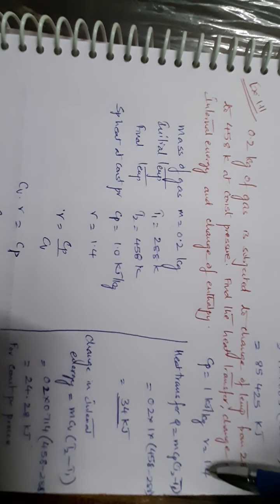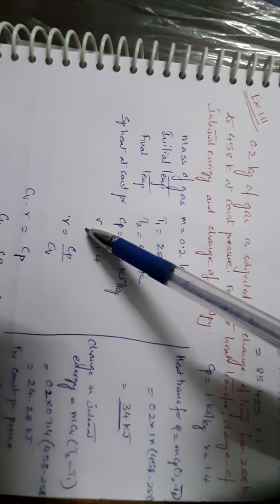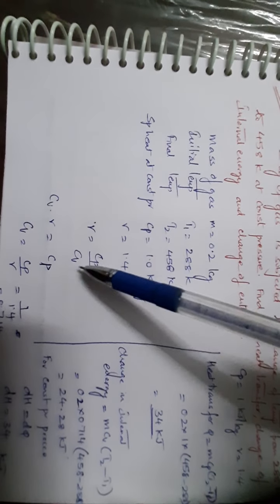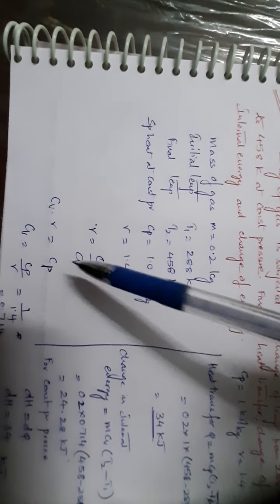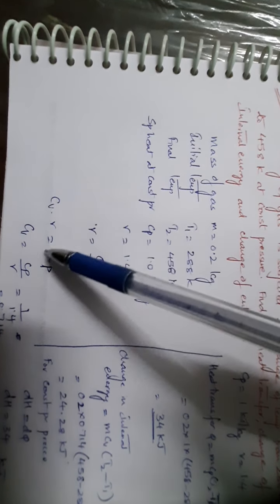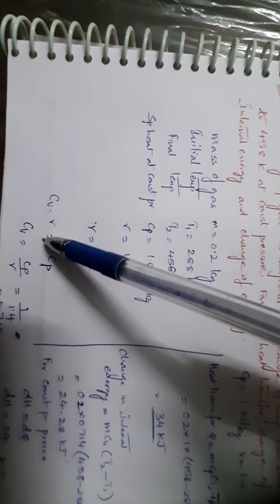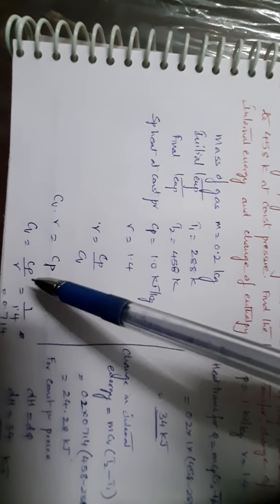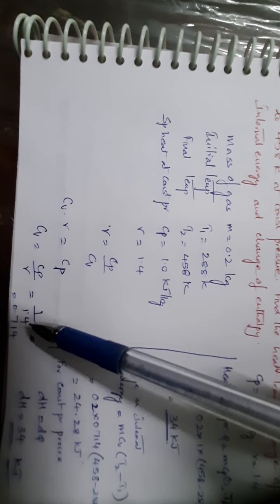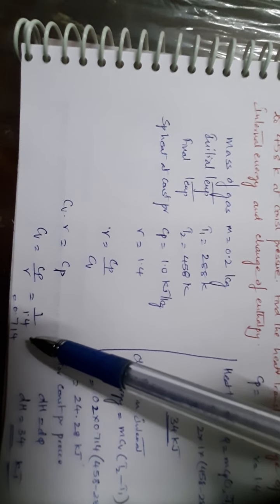Gamma is 1.4. You know the value of Cp and the value of gamma, but you don't know Cv, so you are supposed to find Cv. Cv is equal to Cp by gamma, which is 1 by 1.4, so Cv is 0.714.